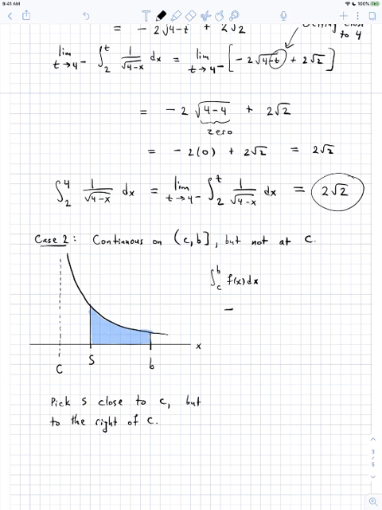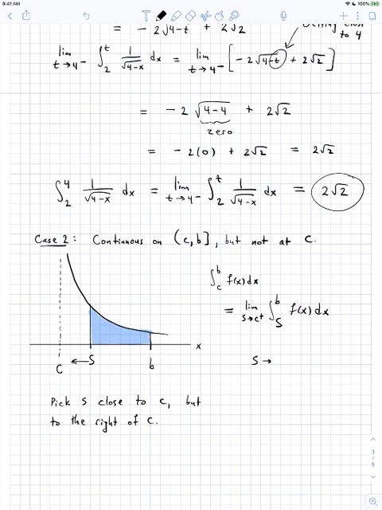So what you're going to do is first compute the integral from s to b of f of x dx. Not c, that's what you're trying to compute, s. That's going to give you this region right here. And then you compute the limit as s goes to c from above. So in this case, s is getting close to c, but it's bigger.